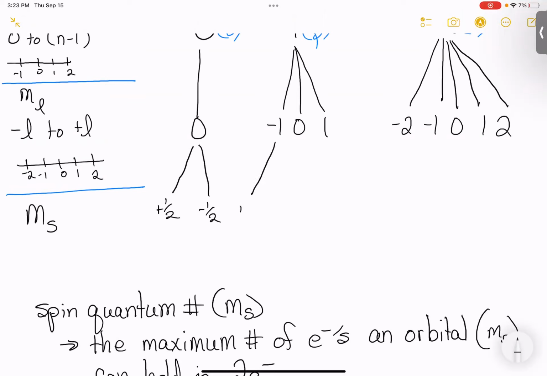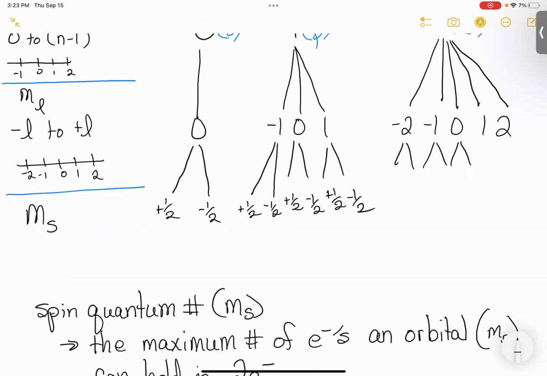This orbital can have plus 1/2, minus 1/2, plus 1/2, minus 1/2, plus 1/2, minus 1/2. So there's 6 more. And these can all have plus and minus, which is 10 more. The plus and minus actually represent the electrons themselves.